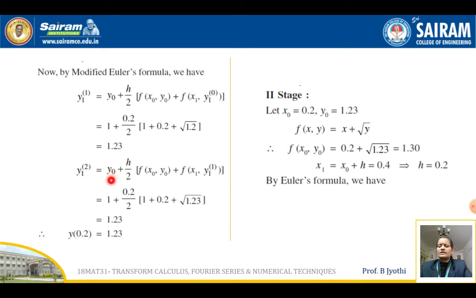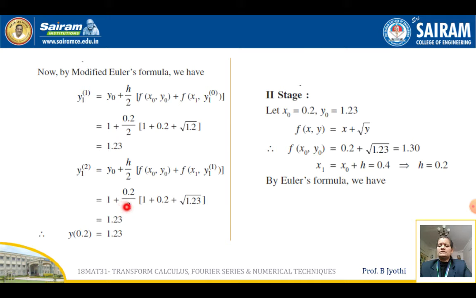Next, y1 of 2. So y1 of 2 is given by y naught plus h by 2 into f of x naught y naught plus f of x1 y1 of 1. That is, in the previous formula we had y1 of 0, here we have y1 of 1, which is nothing but 1.23.